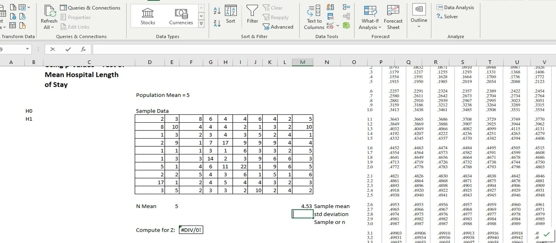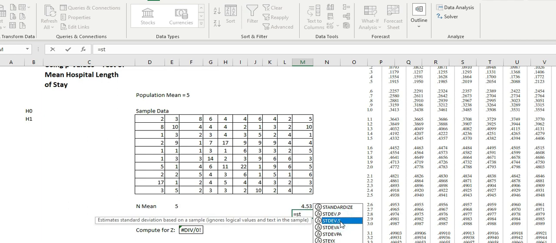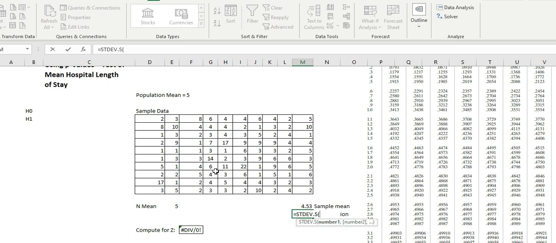And the standard deviation is, because this is a sample, we will be using STDEV.S.